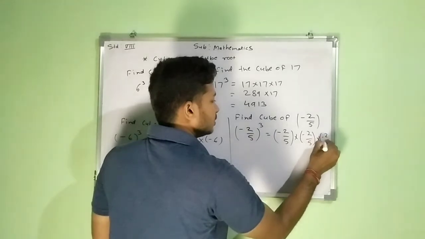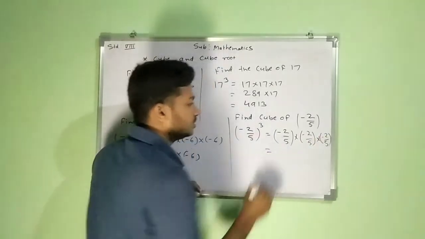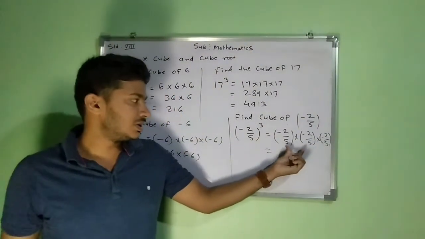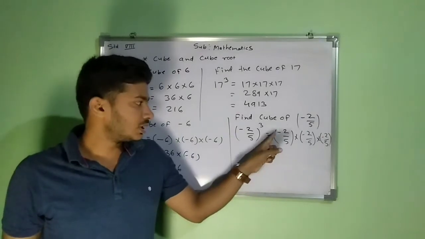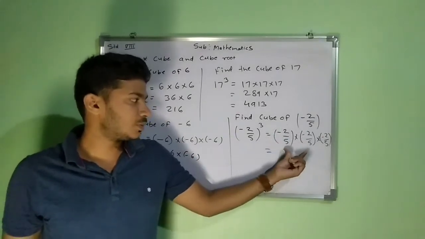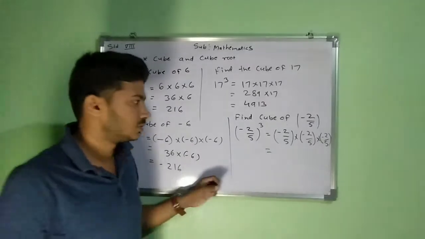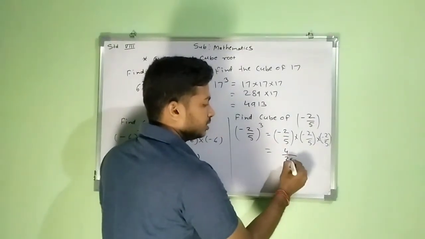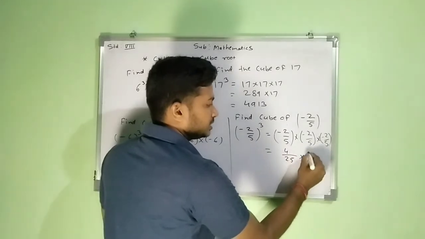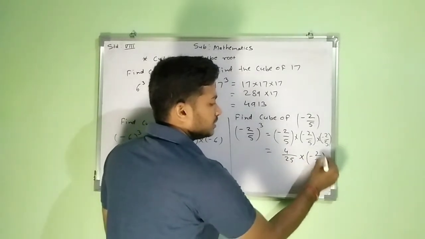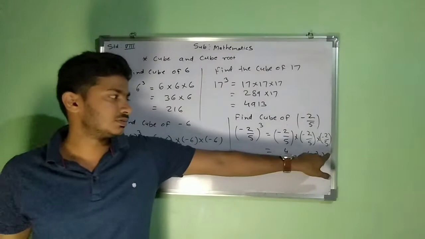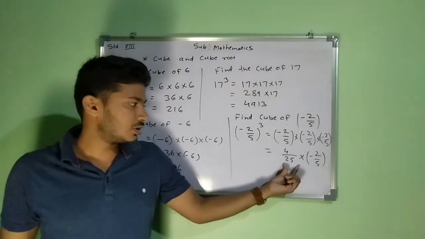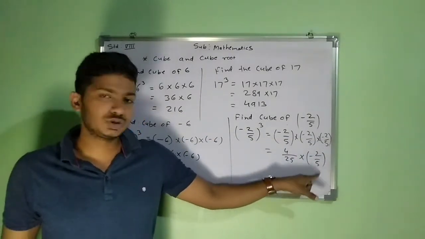First we will multiply the two brackets. The product of two negative signs is positive. So 2 into 2 is 4, divided by 5 into 5, which is 25. One minus 2 by 5 is remaining, the last one. Now we multiply 4 upon 25 with minus 2 by 5.